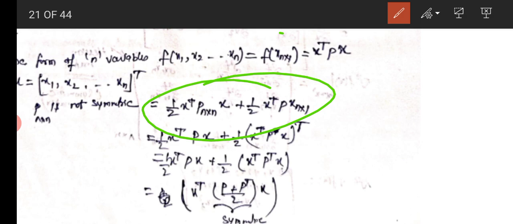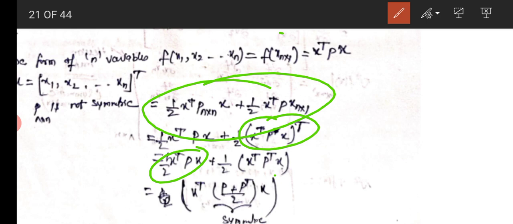Now 1 by 2 x transpose P x is here, no problem. Now take the transpose of the second term, so it becomes x transpose P transpose x. When you take the transpose, x transpose transposed becomes x, and P transposed becomes P transpose.